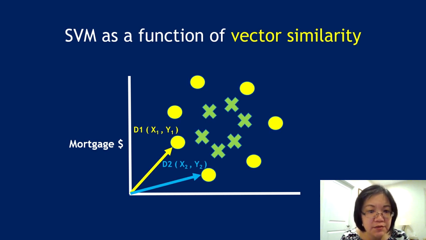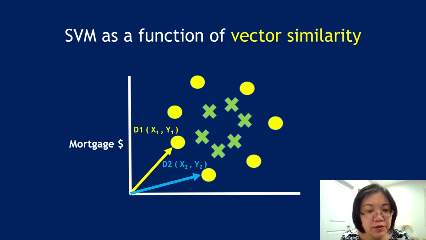You can represent it as a vector starting from the origin. If we look at these 2 particular points, D1 and D2, they can be represented as vectors starting from the origin: x1, y1, and x2, y2.